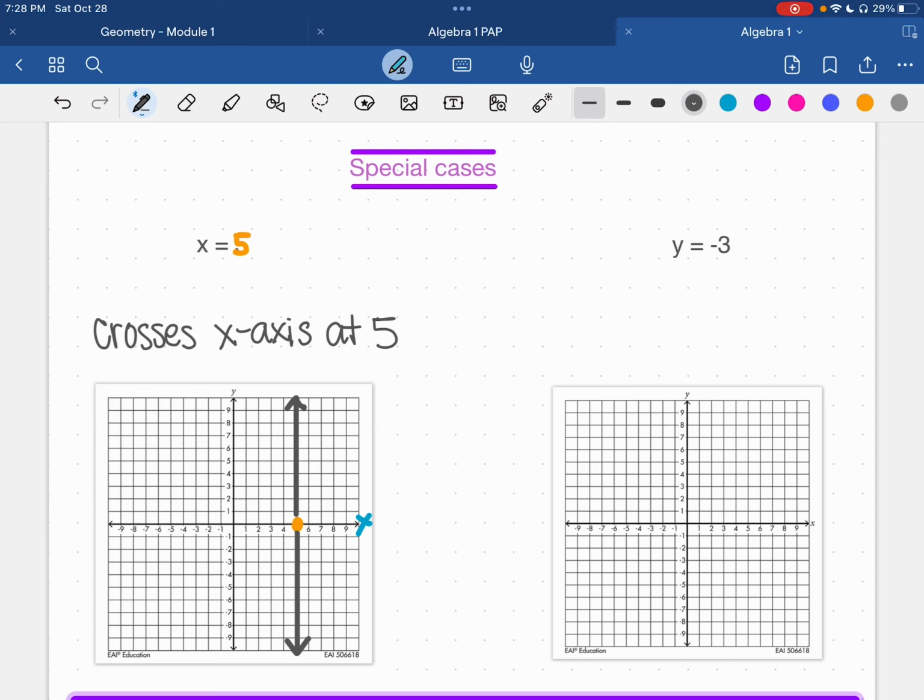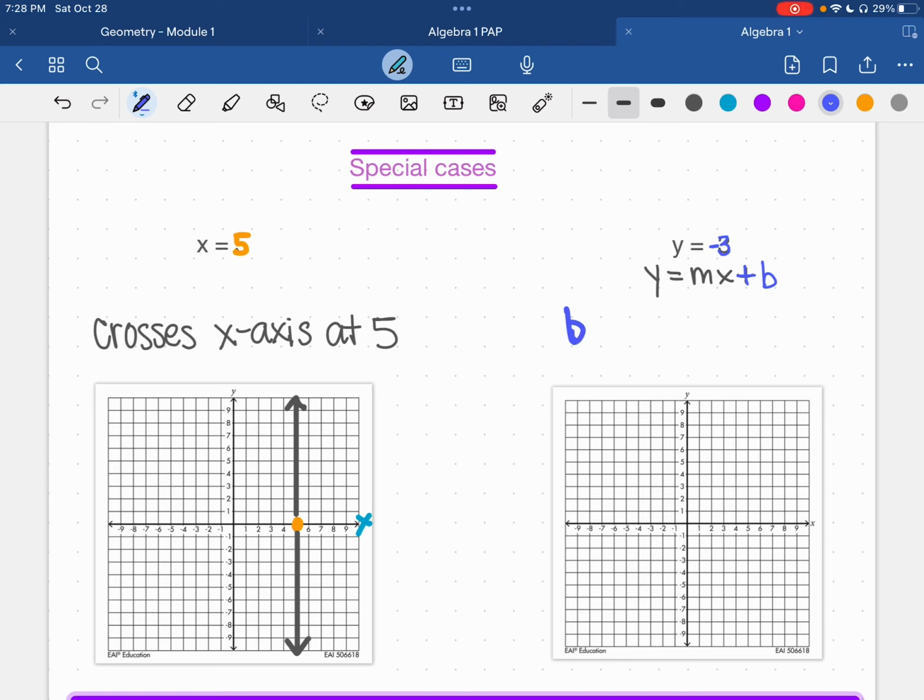The second special case is almost exactly the same. However, you can use the form y equals mx plus b. Notice that the number that you're given here is not the slope because it does not have the x with it. This number is your b, or your beginning.